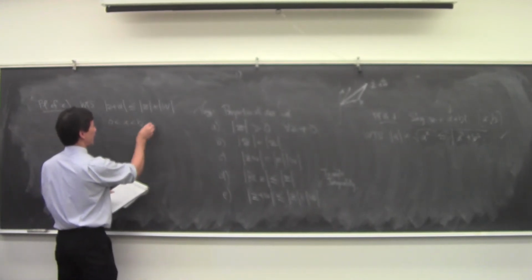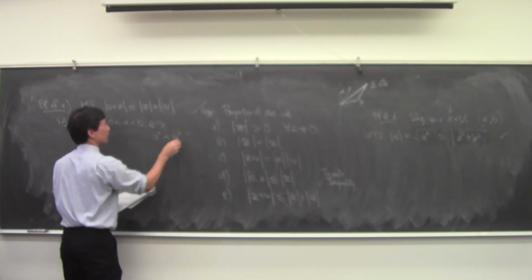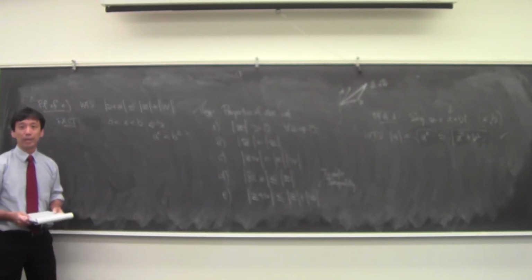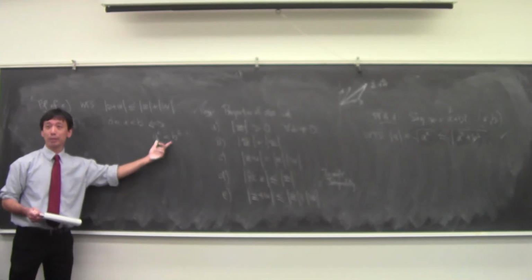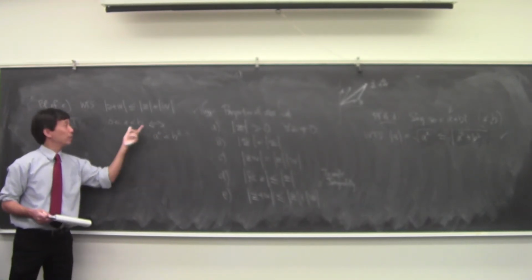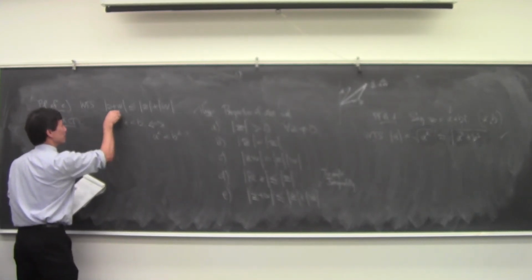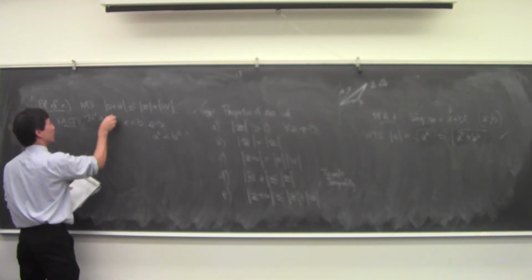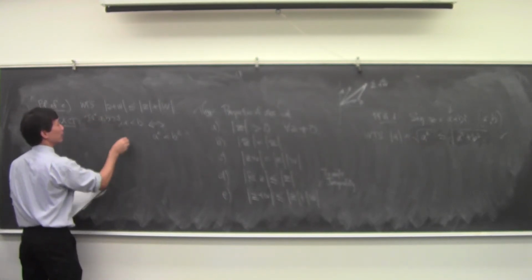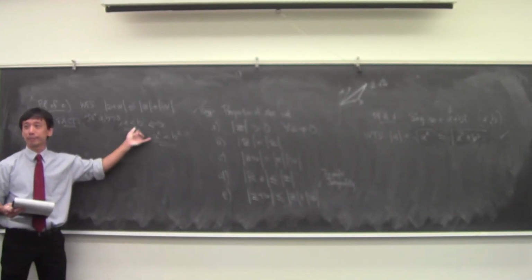then b is bigger than a is equivalent to saying that a squared is less than b squared. Right? If a is less than b, then a squared is less than b squared. If a squared is less than b squared, then they've got to have this relation, right? So something like this. If a and b are positive, then these two facts are equivalent to each other.